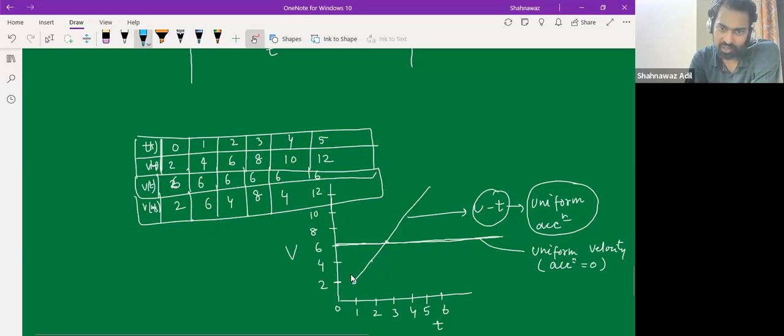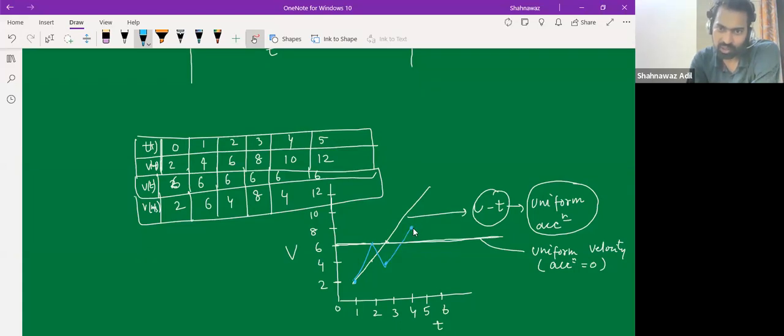So at 0 it is 2. And at 2 it becomes 6. And then it becomes 4 at 3. And then it becomes 8 at this one.